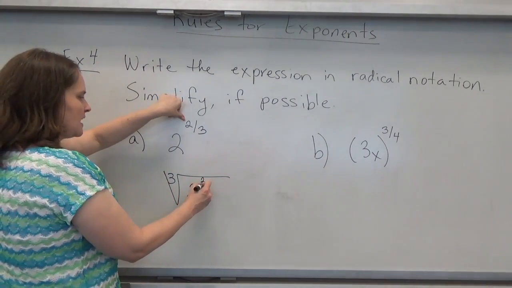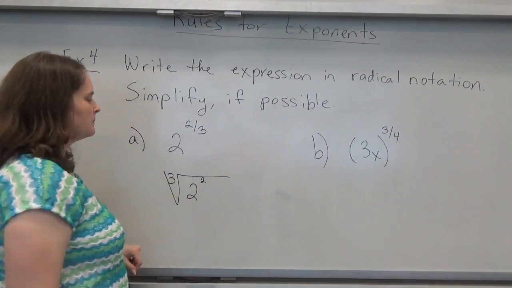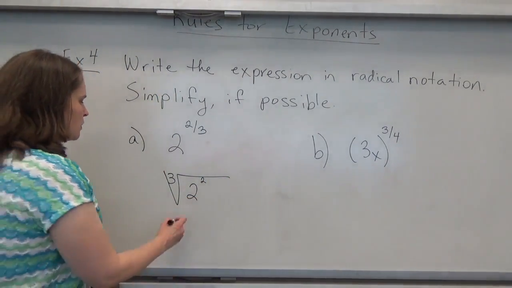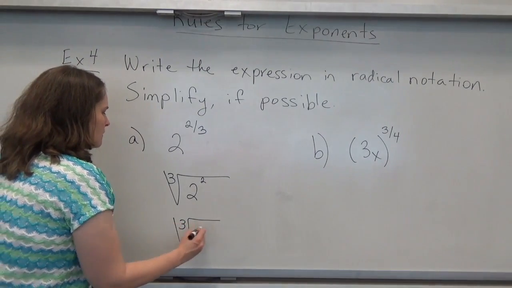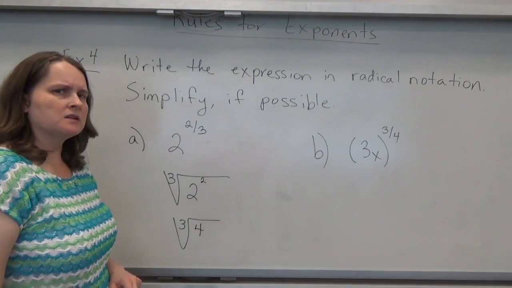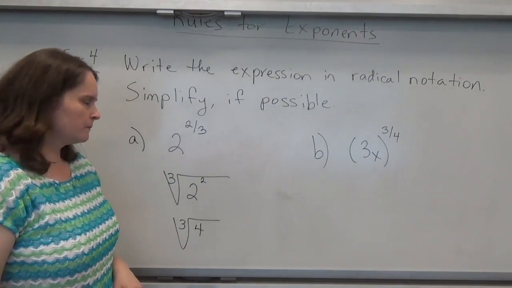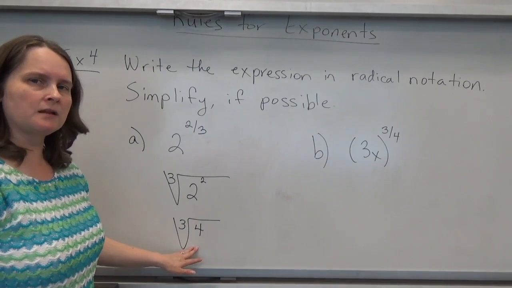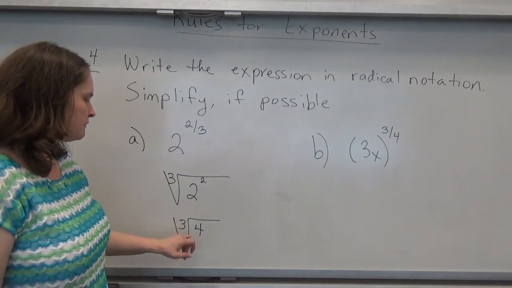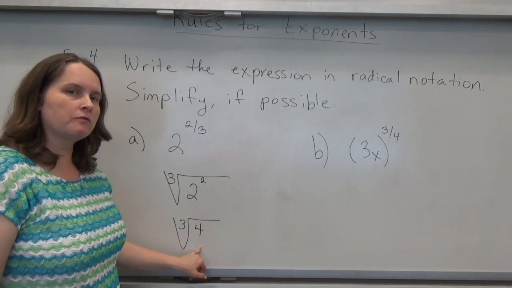You can put it on the inside or you can put it on the outside. We want to simplify this. We know that 2 squared is 4, so we've got the cube root of 4. All right. The question we have here is, can this be simplified any further? In order for this to be simplified beyond this step, we would need to find a perfect cube inside a 4.